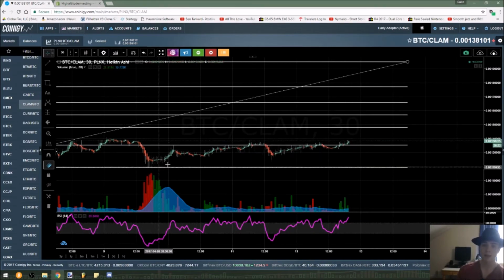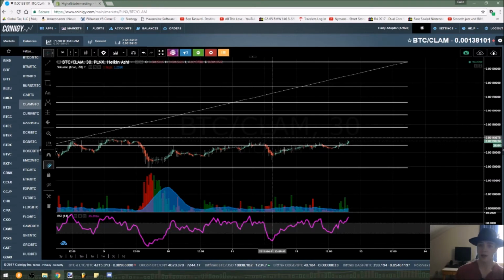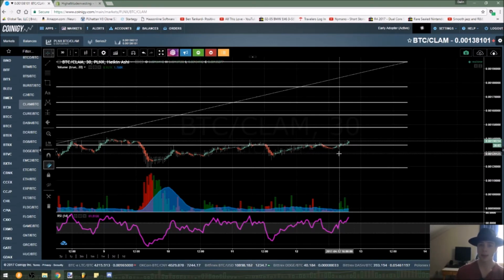I mentioned it as a pretty good entry somewhere around here on the VIP Discord chat. Now, let's say that we are shooting to enter in a low risk area. So we're shooting to get our best entry right now. So let's just say that we expect CLAM to pull back to this level right here.